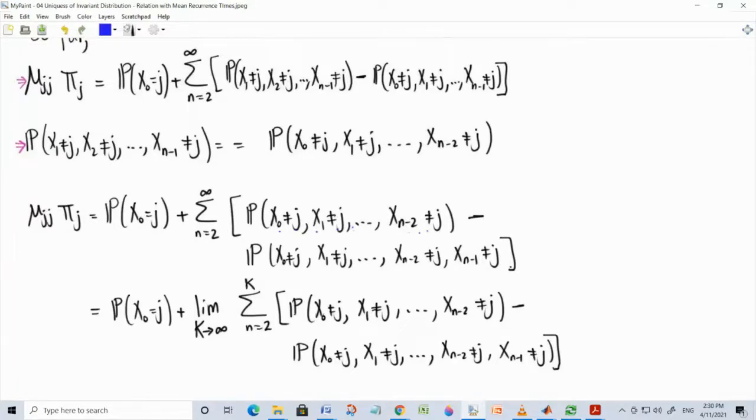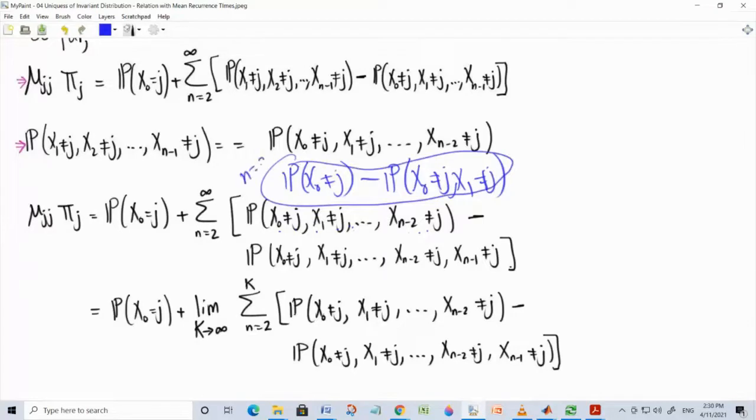So that's our h. Now you look at this thing and you say, so what is the advantage? Why is it basically for telescoping? Let's put n equals 2. What is the term corresponding to n equals 2? Okay, you put n equals 2 here. Now what about n equals 3?